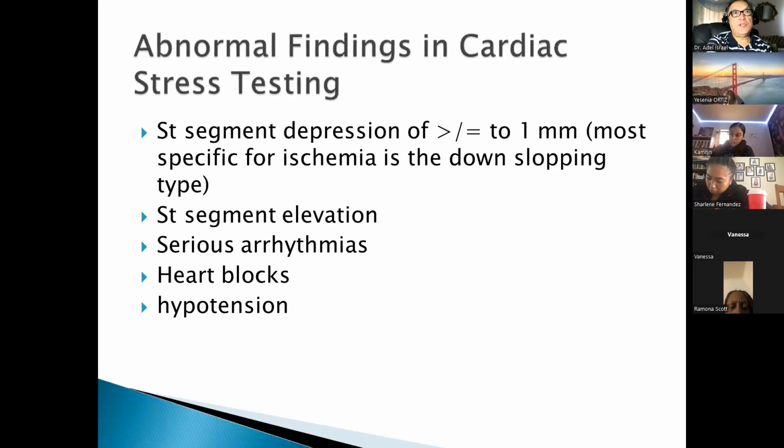ST segment elevation, serious arrhythmias, heart block, hypotension. It should be hypertension, but if it happens to be the opposite, this means there is something serious. So be careful about the abnormal findings, and this is an exam question: ST segment changes indicate what? You have to stop the stress test immediately.